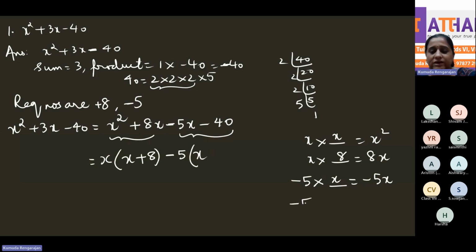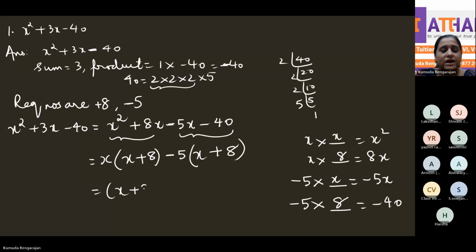Again, minus 5 multiplied by what will give you minus 40? Minus 5 into plus 8 is minus 40. So plus 8. Now you can see that the expressions in the brackets are the same. So write it once and write the remaining terms, x and minus 5, in another bracket.